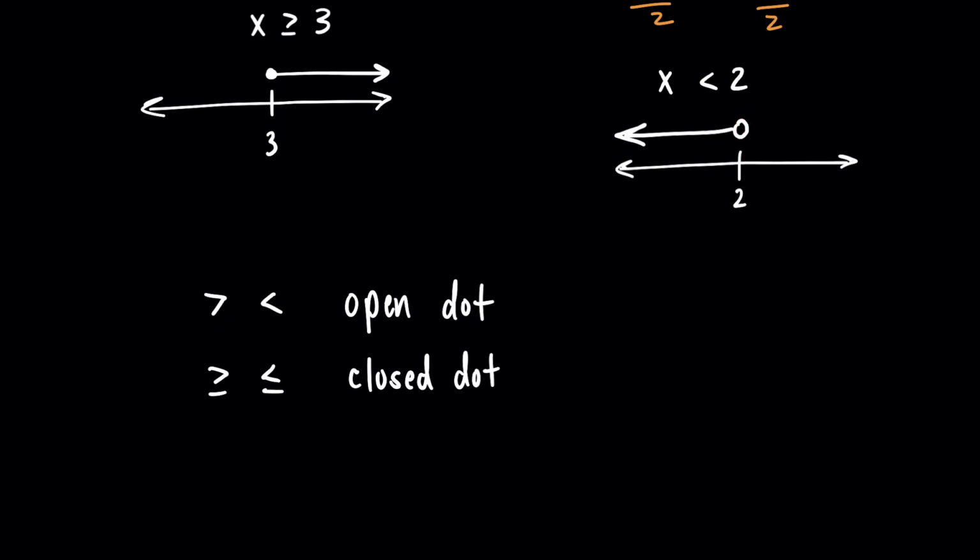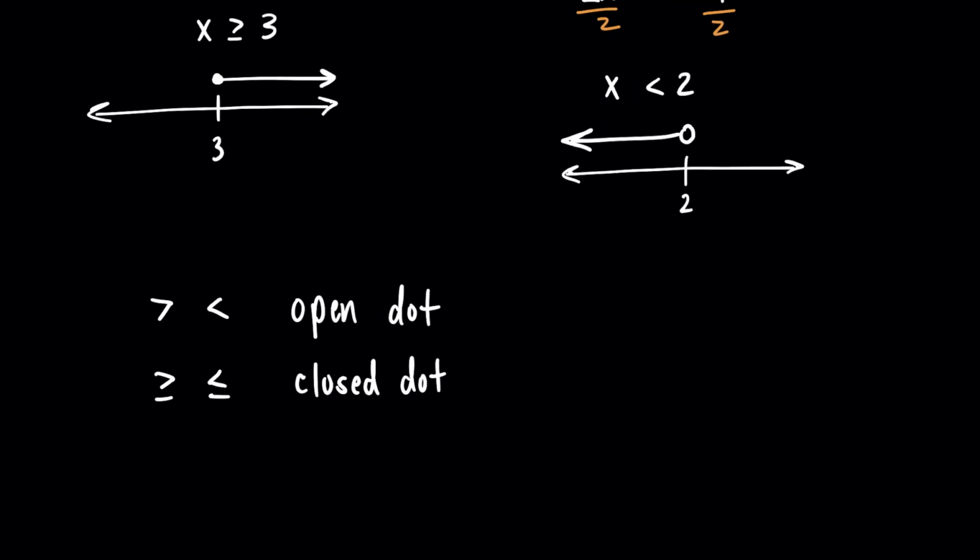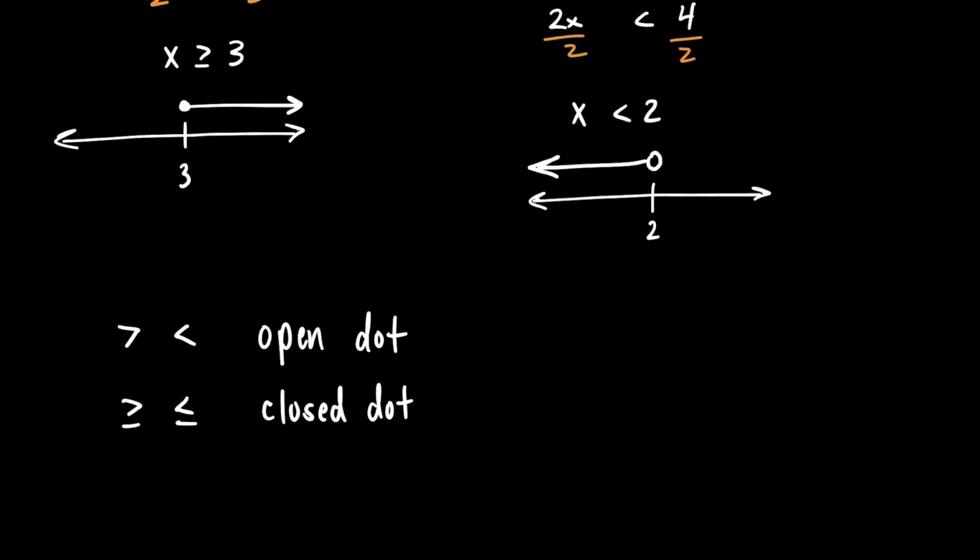Okay? And the last thing I want to talk about is whether or not to shade left or right. And this is a little complicated. It's a little more nuanced than you would like, okay? So if we have something like this, where x is less than a number, I'm just going to say 7, or if you have something like 7 is greater than x, be very careful. These are saying the same thing, okay?